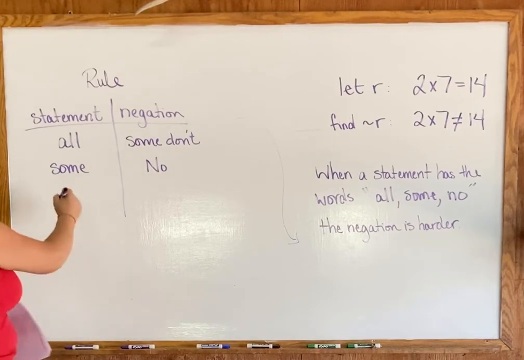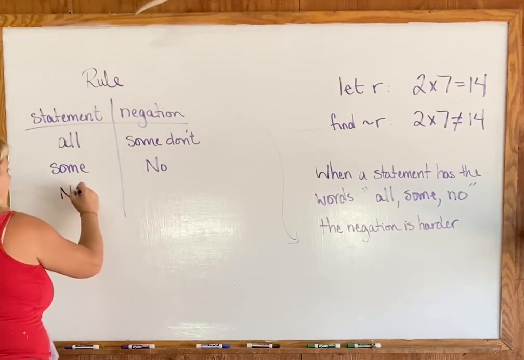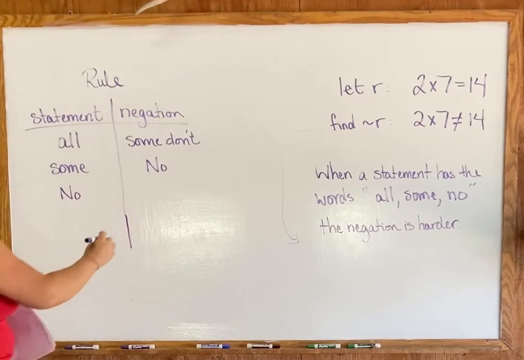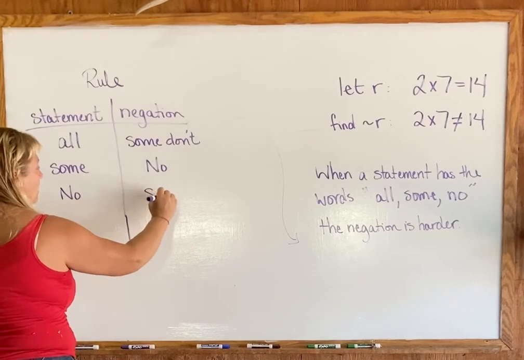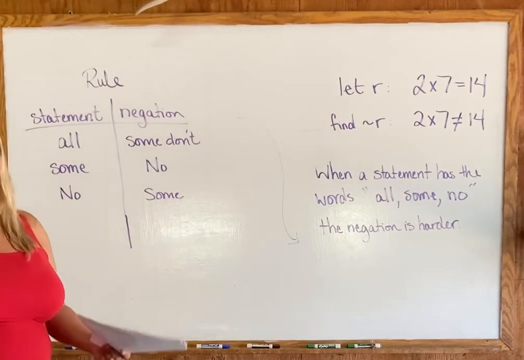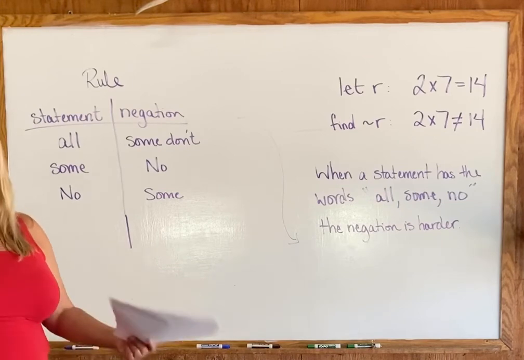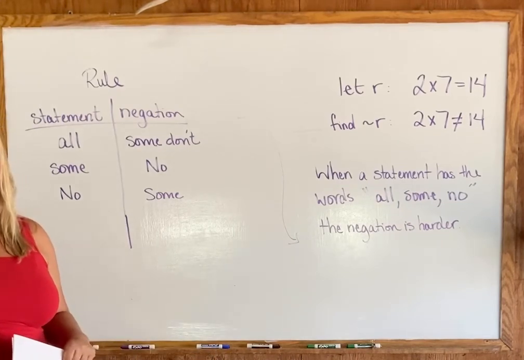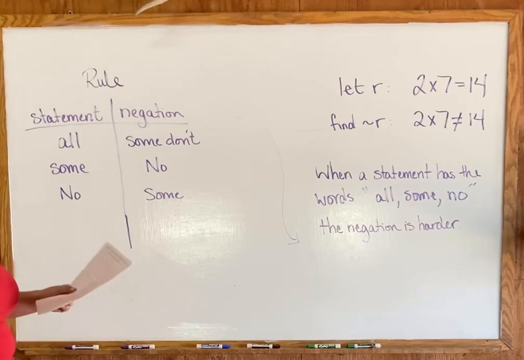Now, flippity flop, if our statement has no, and we want the negation, that's going to be some. So if nobody likes mosquitoes, the negation is going to be some people like mosquitoes. Not all, some people like mosquitoes.